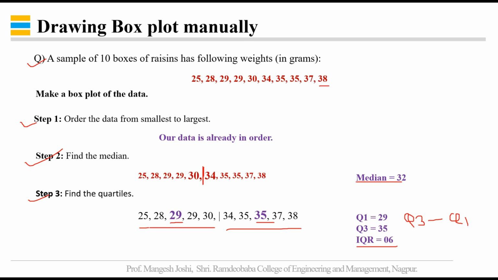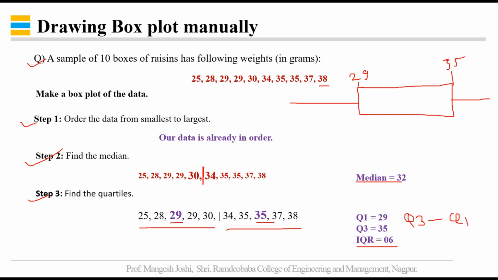Now from this we can draw this much portion of the box plot. Your quartile 1 is 29, so this value becomes 29. Then your quartile 3 is 35, so this value becomes 35.